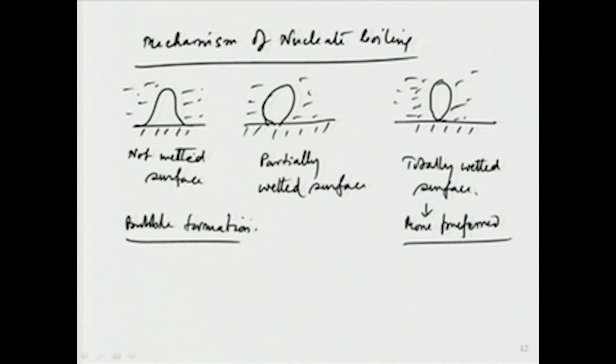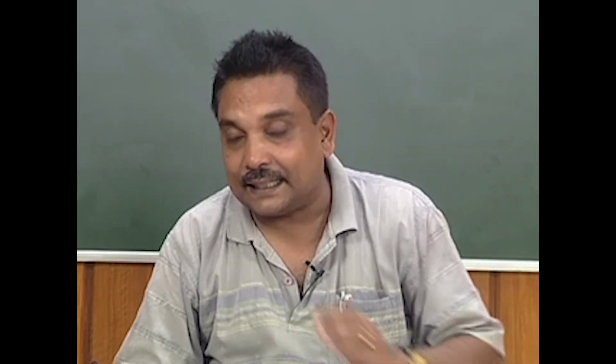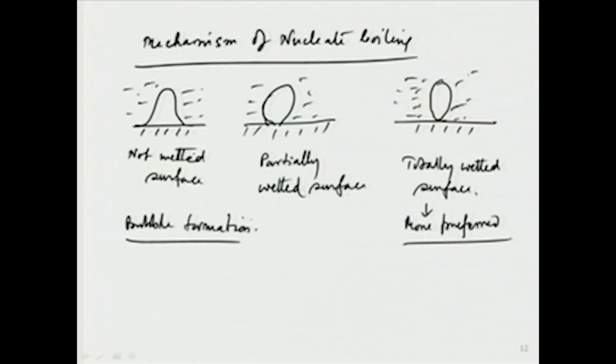Here some amount of surface is covered by the vapor, and we know the heat transfer coefficient for the vapor is lower than the liquid. So this case is more favored, because here the heat transfer rate will be faster, since the liquid is in direct contact with the surface rather than the vapor.